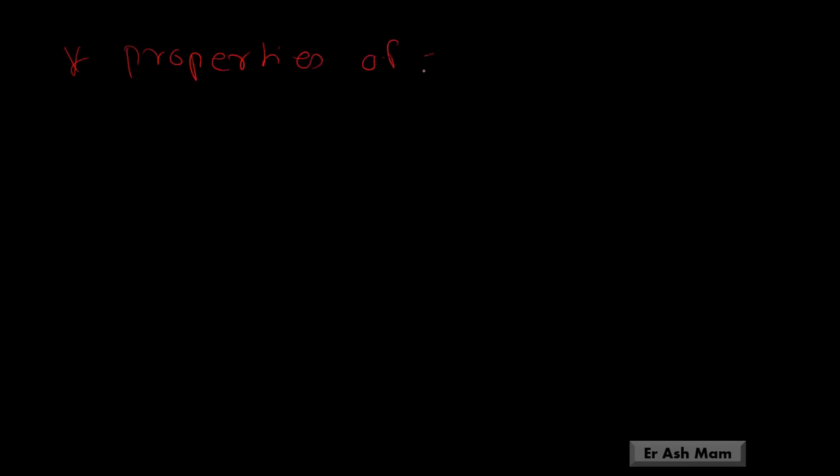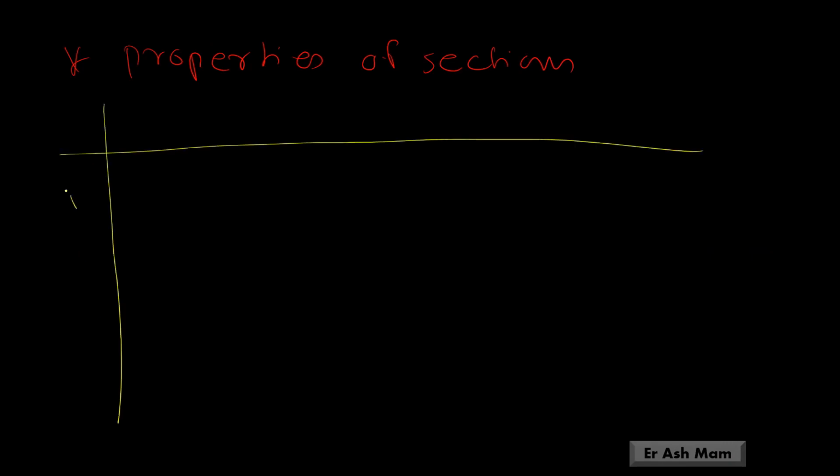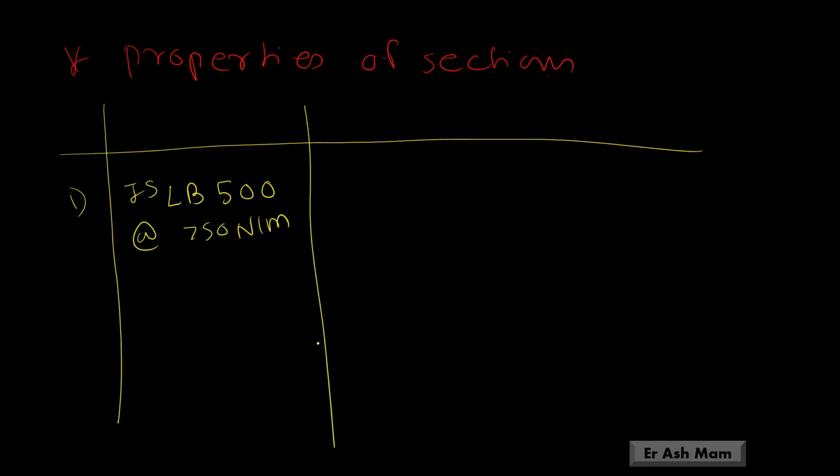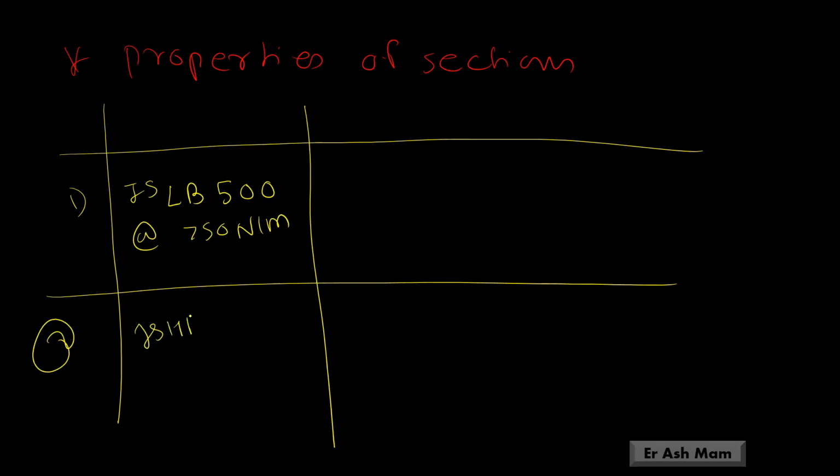Properties of sections. First section is ISLB 500 at the rate 750 Newton per meter. And second one is ISHB 300 at the rate 630 Newton per meter.